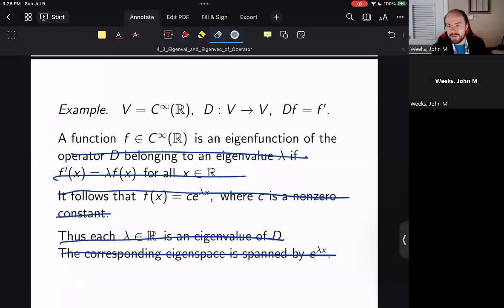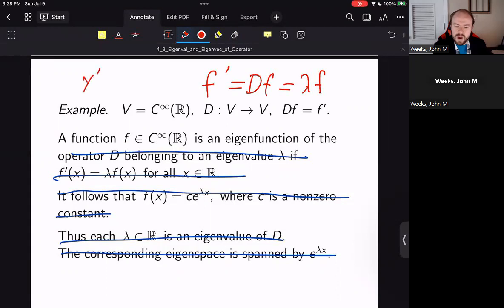An eigenfunction means that if you plug it in, you get a scalar multiple of it back out. Well, what is D of f? D of f is f prime, so this is a differential equation. Sometimes you would see this written as y prime equals lambda y. We are trying to solve this differential equation.